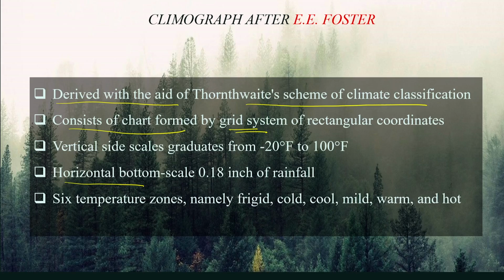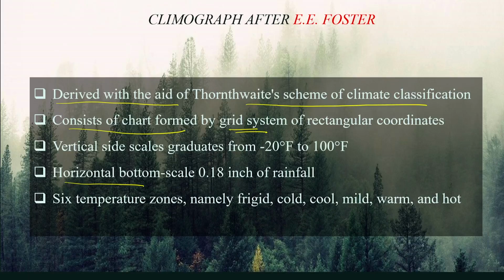Basically, if we are drawing a graph, it will start from 0 to, say, 100, but in Foster's climograph his graph starts from 0.18 inches of rainfall, and the vertical scale starts from minus 20 degrees Fahrenheit to 100 degrees Fahrenheit.